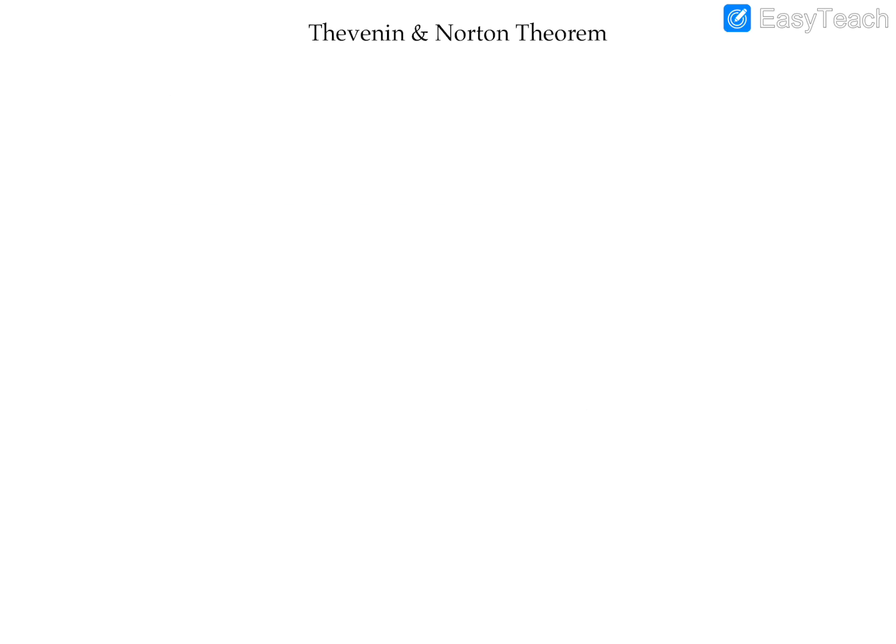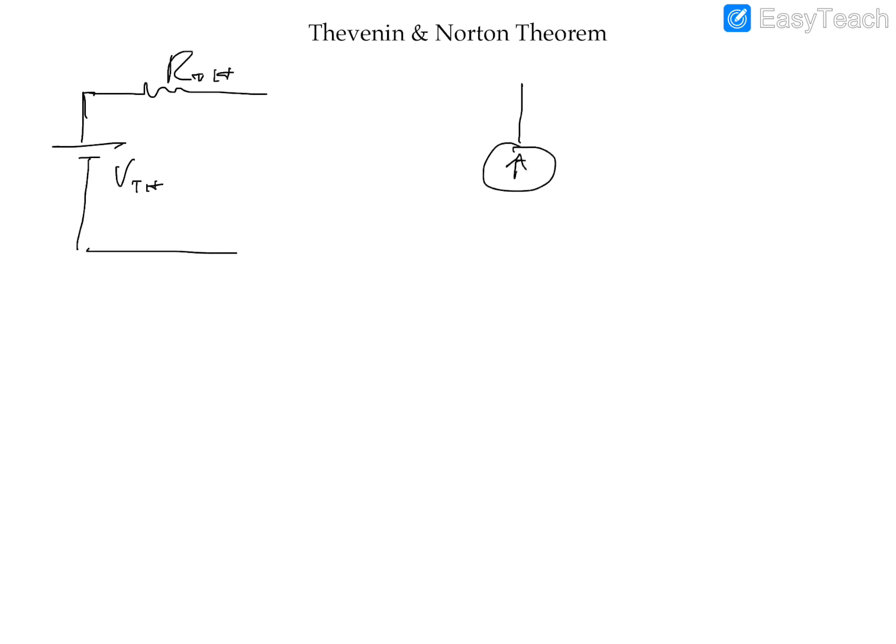Another thing you want to know is if you have a Thevenin circuit which looks like this, you have a voltage source in series with a resistance. And like I said, this is the Thevenin's resistance, this is the Thevenin's voltage, and this is the Norton circuit I'm going to draw here.